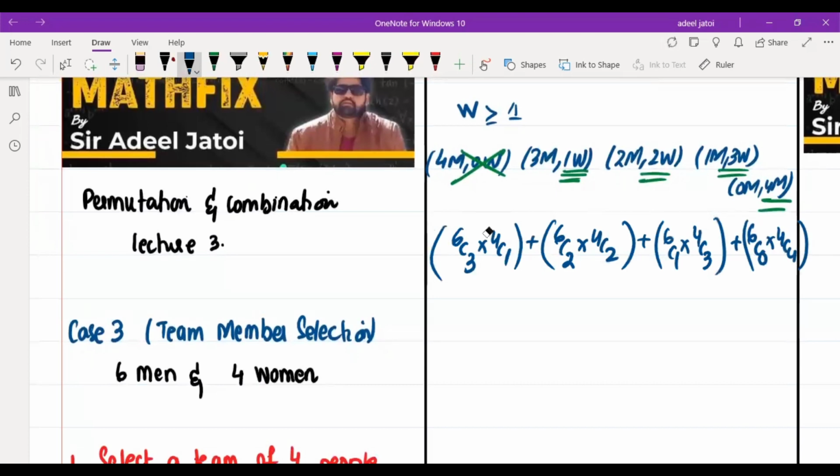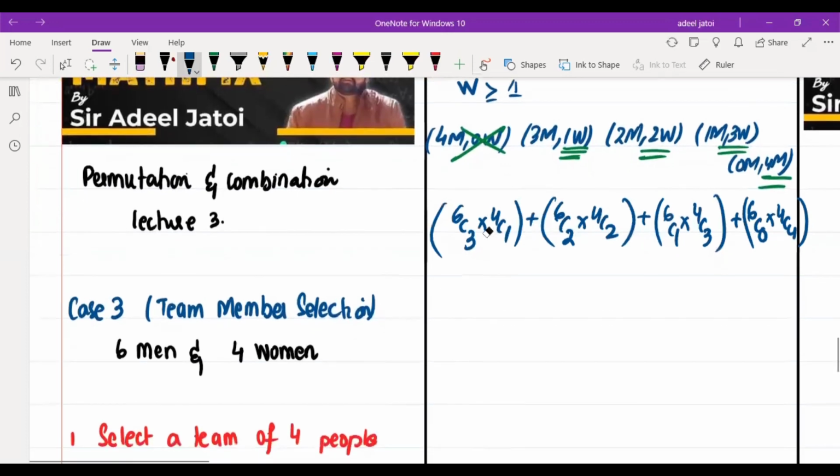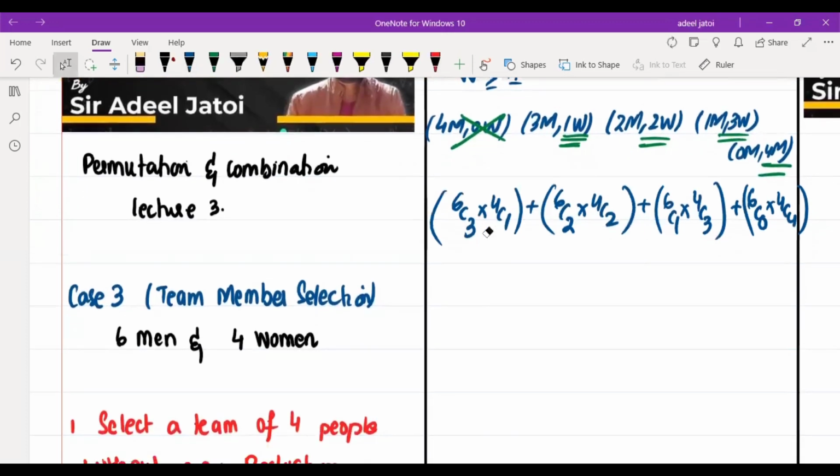That is 0 men and 4 women. So considering the same options, what we have is 80 plus 90 plus 24 plus 1. The answer for this should be 195.